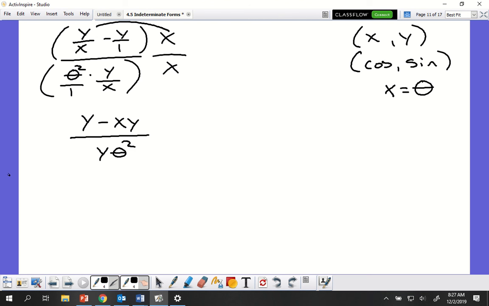I'm factoring out a sine from everything. So if I factor that out, it's going to be y parentheses 1 minus x over y then theta squared. Now what can I do with that y over y? I can cancel that.